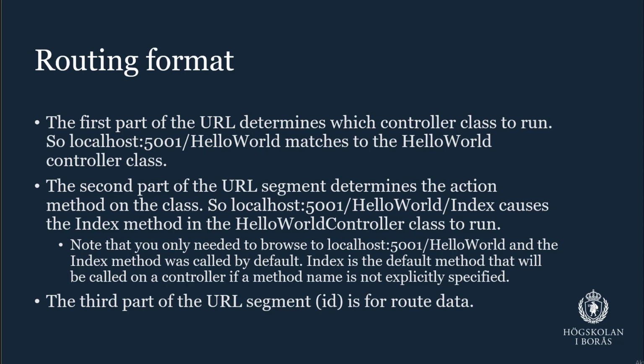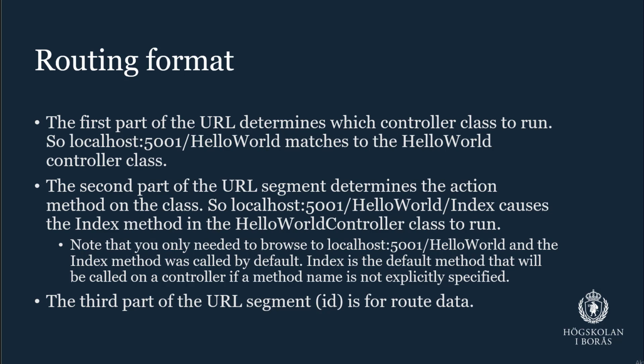Note, however, that you only needed to browse localhost:5001/helloworld, and the index method may be called by default. So it's actually possible to omit the action here for our controller.